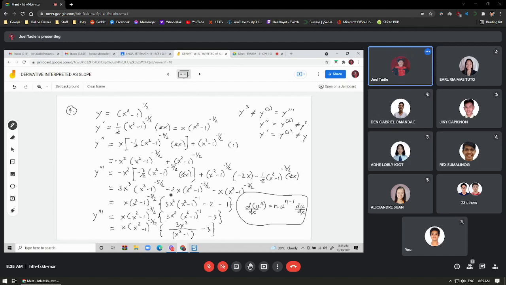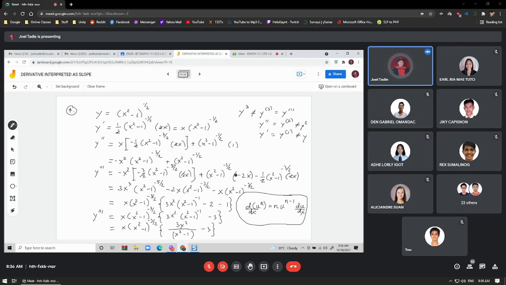Nakasunod mo guys? Negative 3x, na-cancel out ang 2, negative 3x. Yeah, times negative x squared, positive 3x cubed. Then times quantity x squared minus 1 raised to the power negative 5 halves. Then, sa second term, copy lang, no?